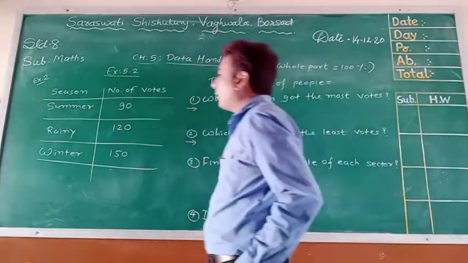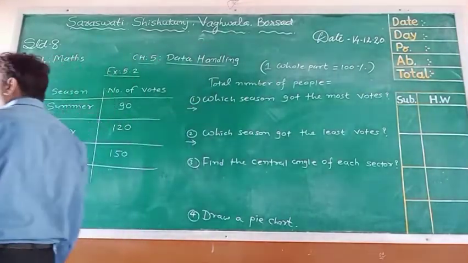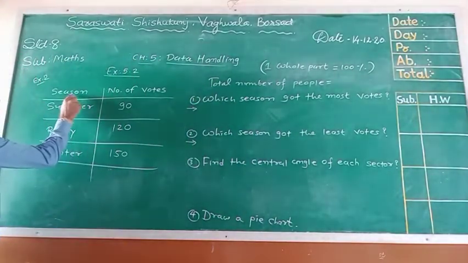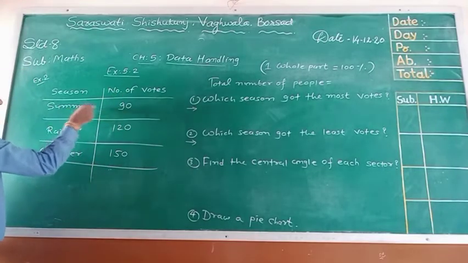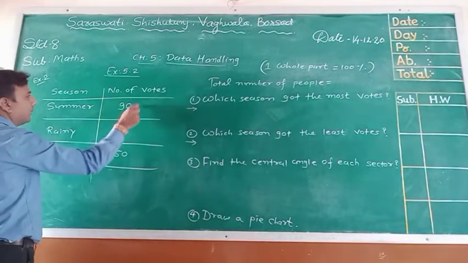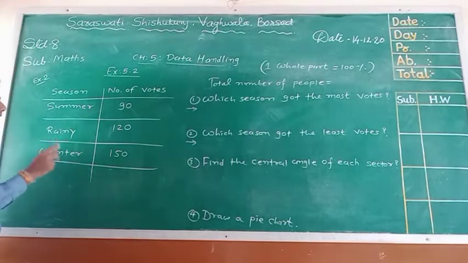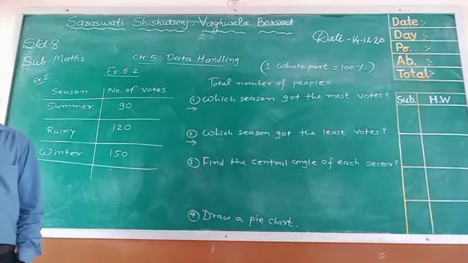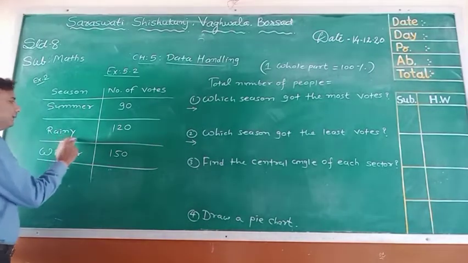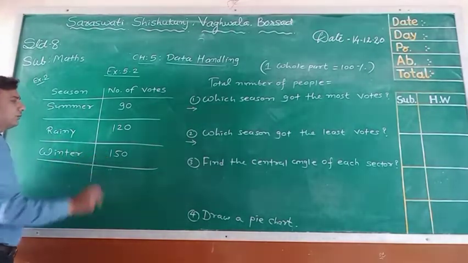The table gives season and number of votes. In the survey, 90 people like summer, rainy season 120, winter 150.